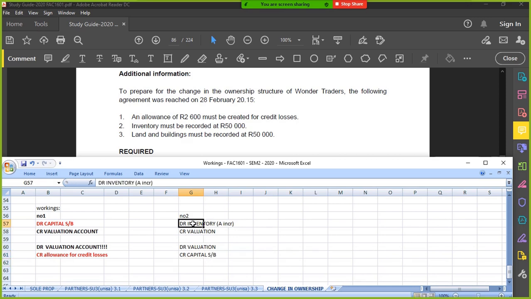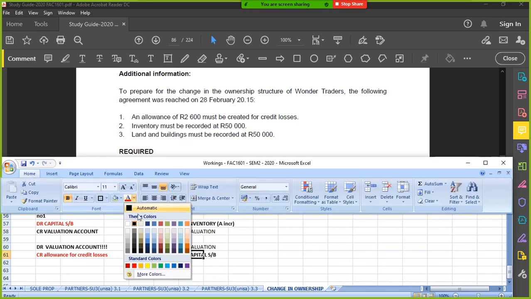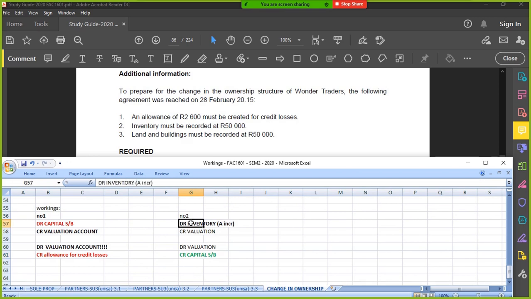Exactly. If the buildings increase in value, we said the owner gets the entitlements. So Bob and Stevie are going to enjoy an increase in their entitlement because of the valuation of the inventory. Does it make sense? Are you with me?